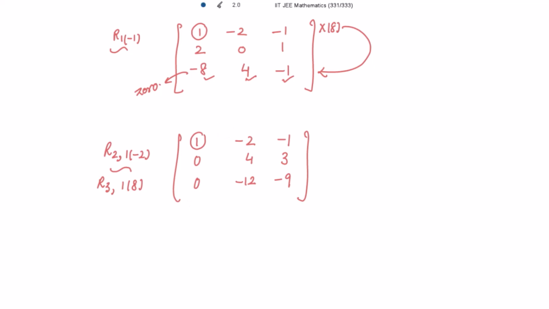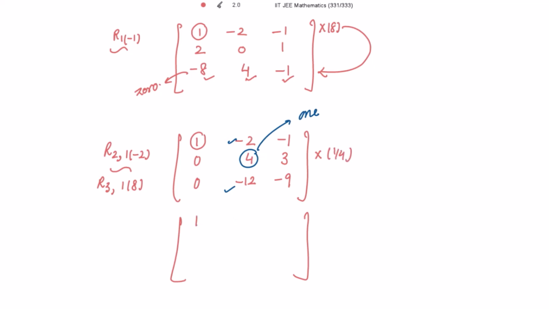Right? Now for the second row, this is the leading entry, right? Try to make this 1 and then make the other entries 0. To get 1 in place of 4, we just multiply the elements of row 2 by 1 divided by 4.